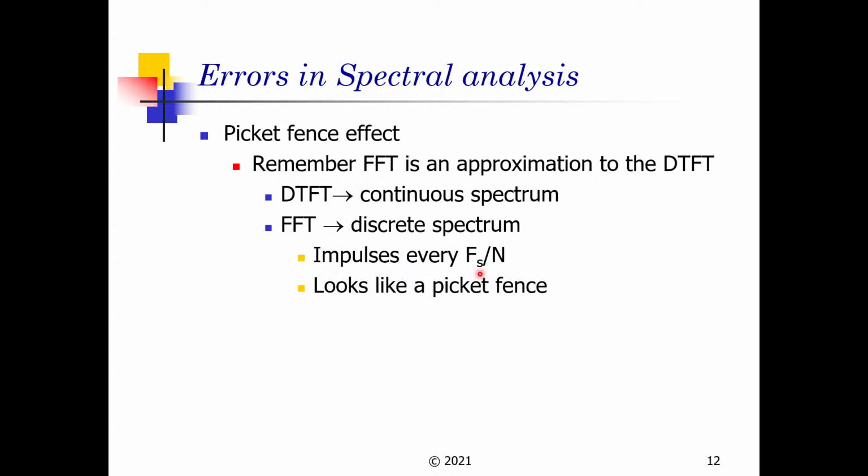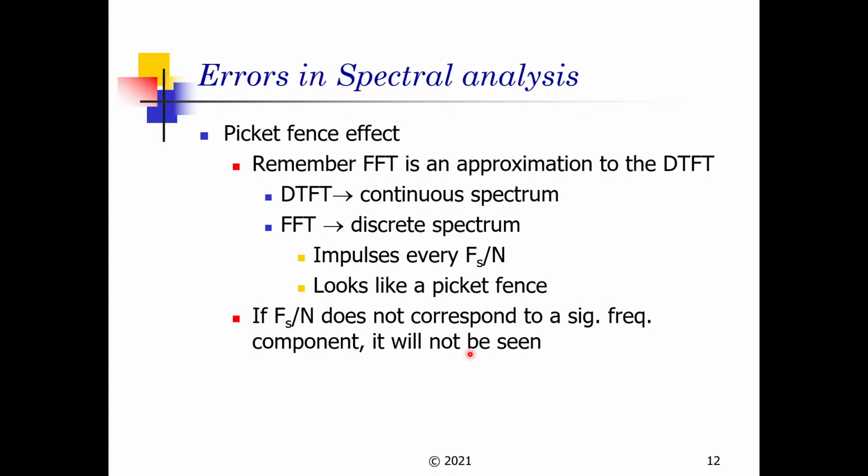Each frequency impulse that we saw there occurs at the sampling frequency divided by the number of samples. Like I said, it's referred to as the picket fence effect because it looks like a picket fence. If fs divided by N does not correspond with an actual signal frequency component, you wouldn't see it in that frequency plot.